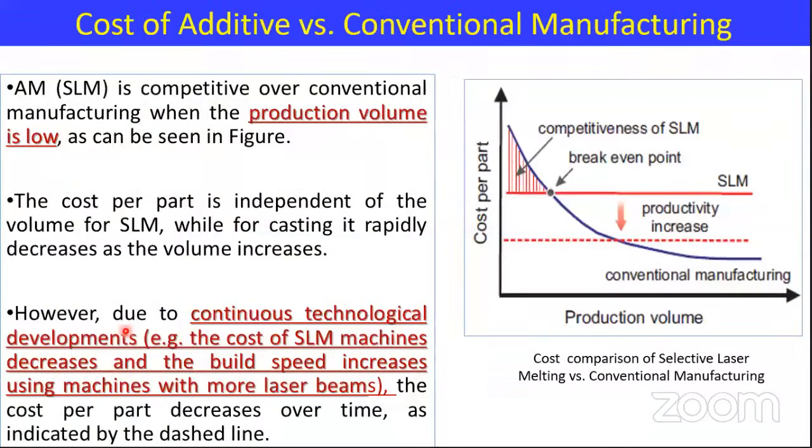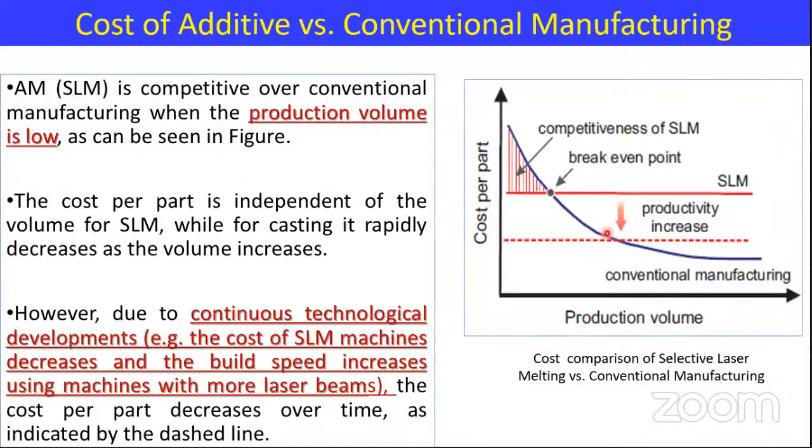So now, if we try to compare what is the rewards one can get, right, when we switch over from conventional manufacturing setup to additive manufacturing setup, obviously the industries are focused on the profit. So they will try to look at what is the cost I'm incurring per part when I have additive manufacturing route compared with conventional manufacturing route.